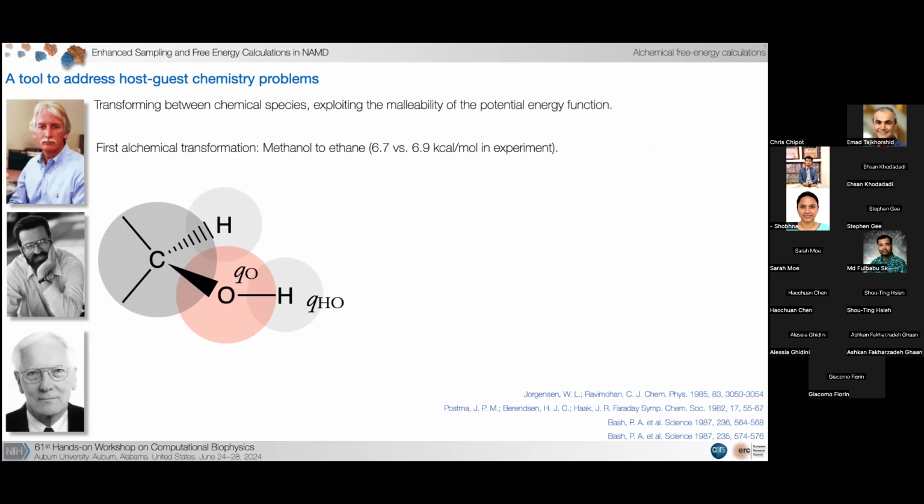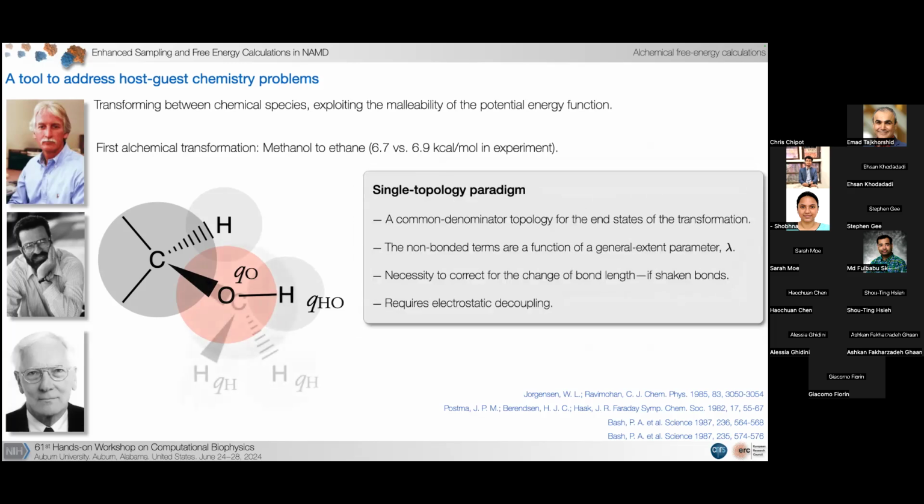In this case, I'm transforming this OH into a CH3. And so the common denominator will be the CH3 because it's bigger.